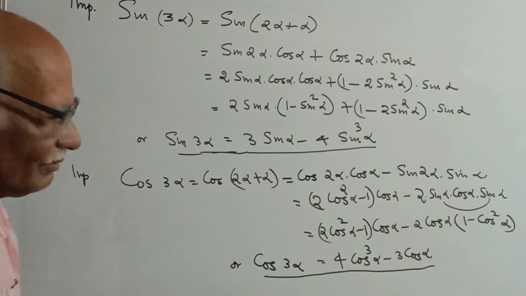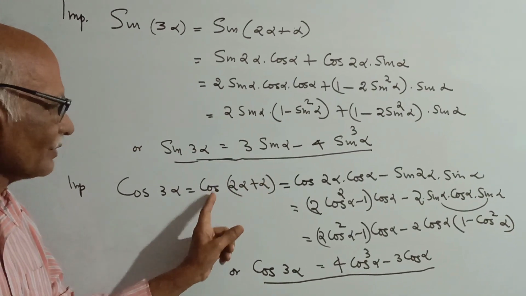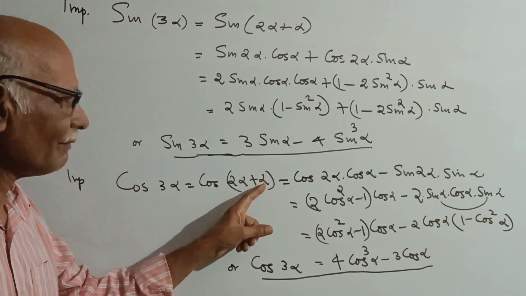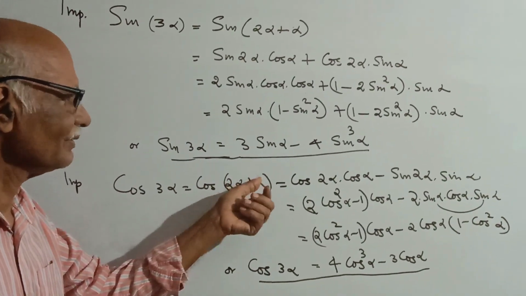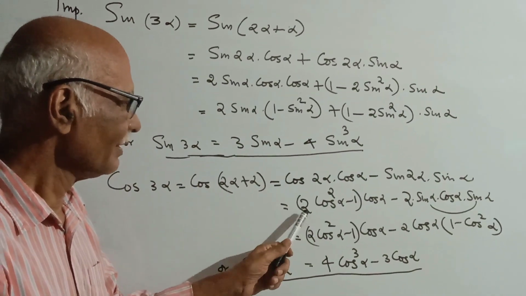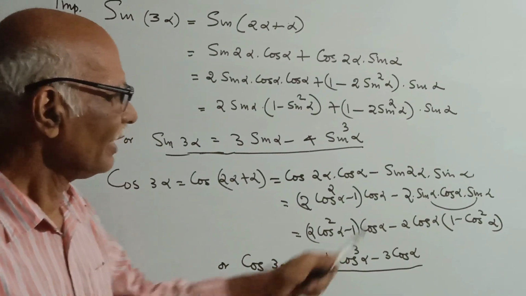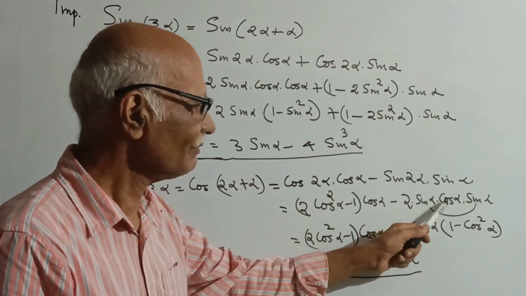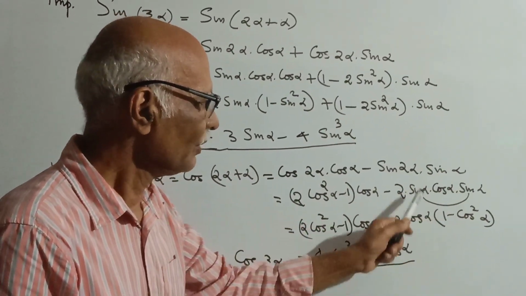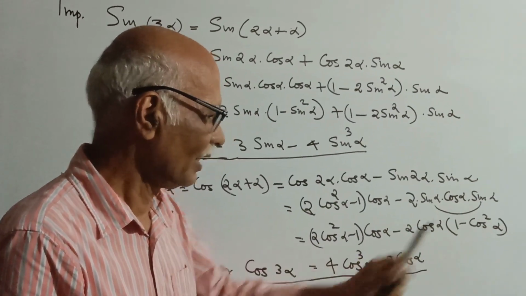Now for cos 3 alpha, it is cos of (2 alpha plus alpha). So it is cos 2 alpha cos alpha minus sine 2 alpha sine alpha. Now cos 2 alpha in terms of cosine is 2 cos squared alpha minus 1, into cos alpha, minus sine 2 alpha is 2 sine alpha cos alpha into sine alpha. You see sine squared alpha is coming. That will be 1 minus cos squared alpha.